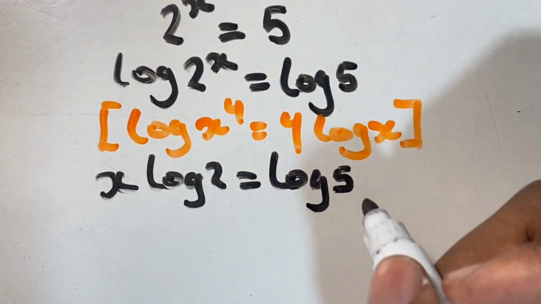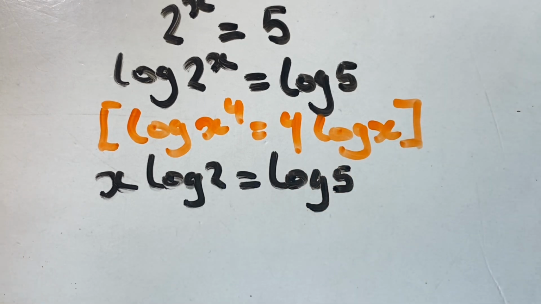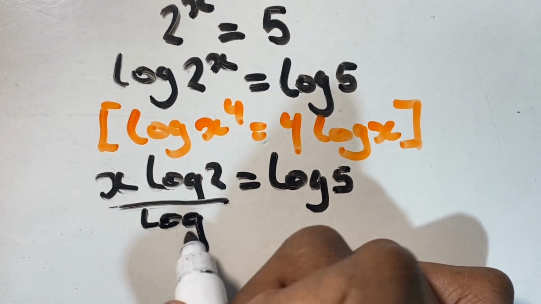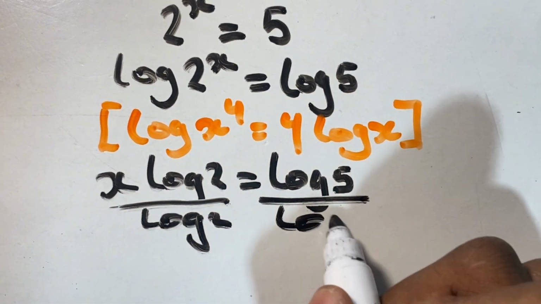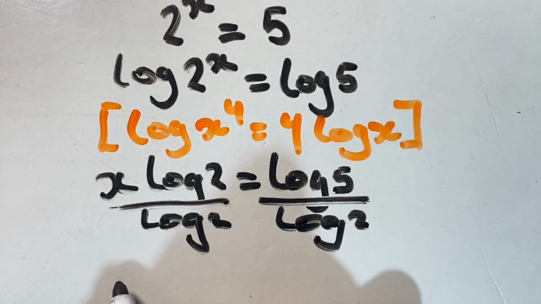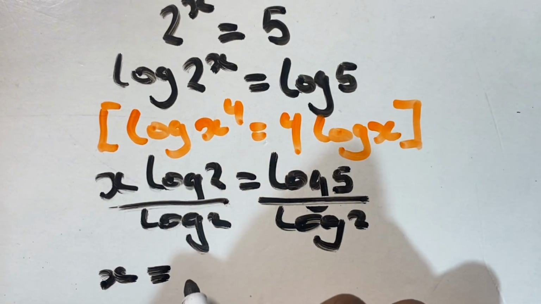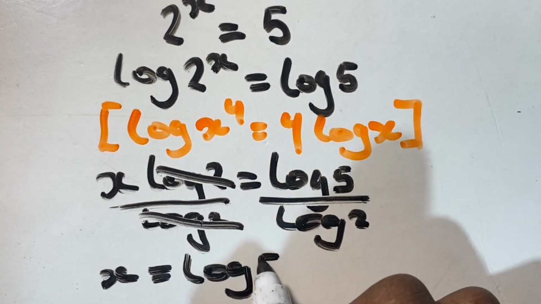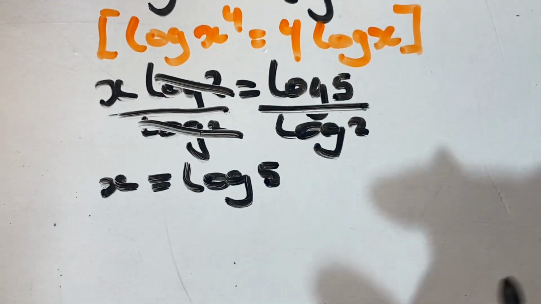So having this here, we can now divide both sides by log 2 to find the solution of x. The log 2 on the left is going to cancel out, and on the right we'd have log 5 over log 2. So that means that our solution for x is x equal to log 5 over log 2.